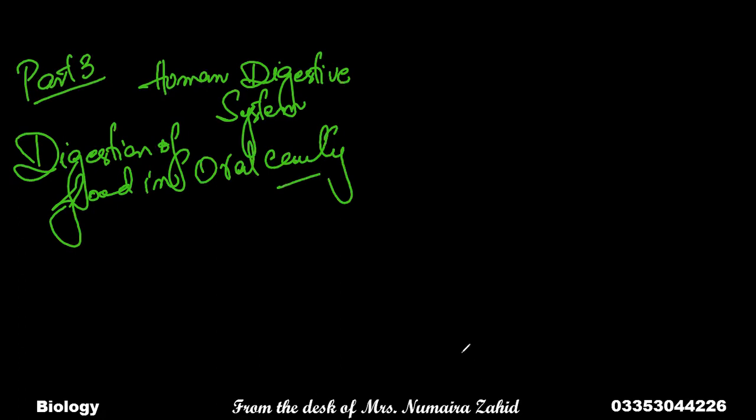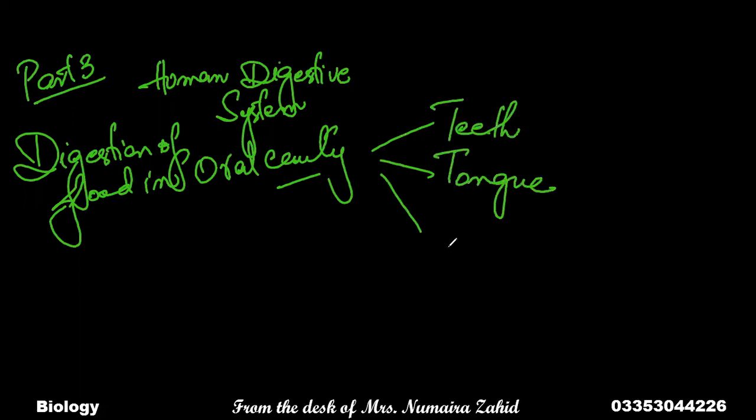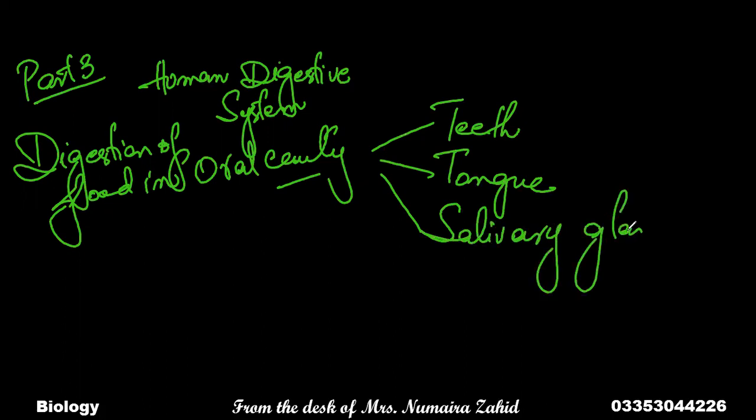So how is food digested in the oral cavity? As we know, there are 3 structures in the oral cavity: teeth, tongue, and salivary glands. These 3 structures are playing their part.